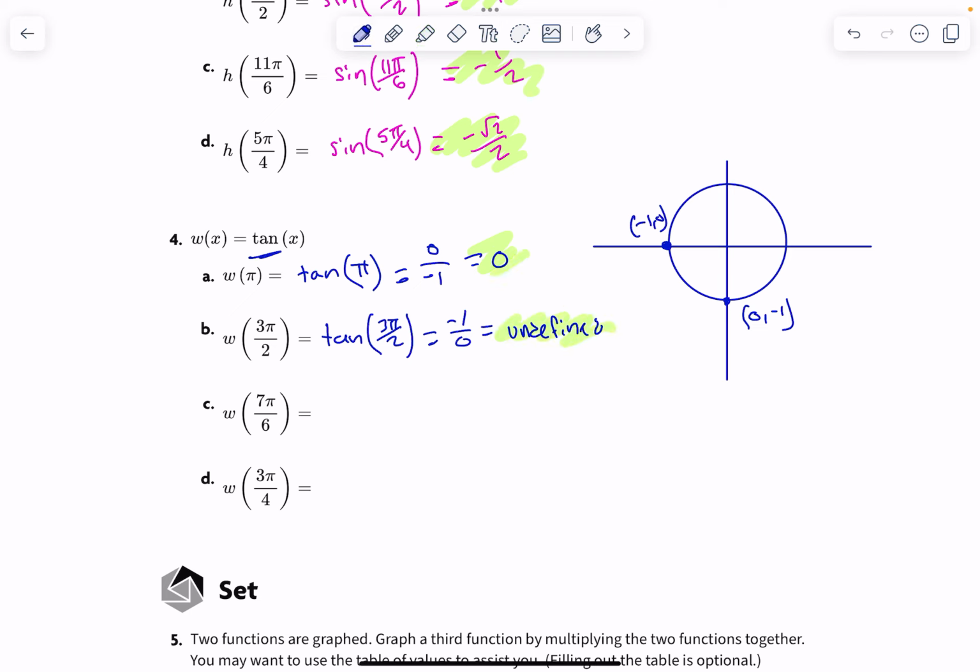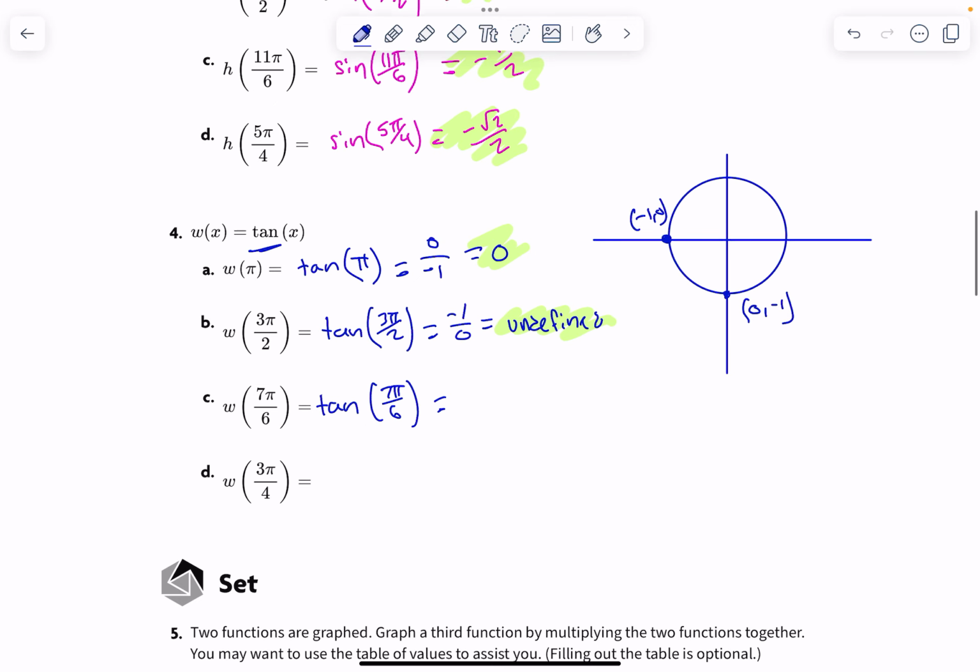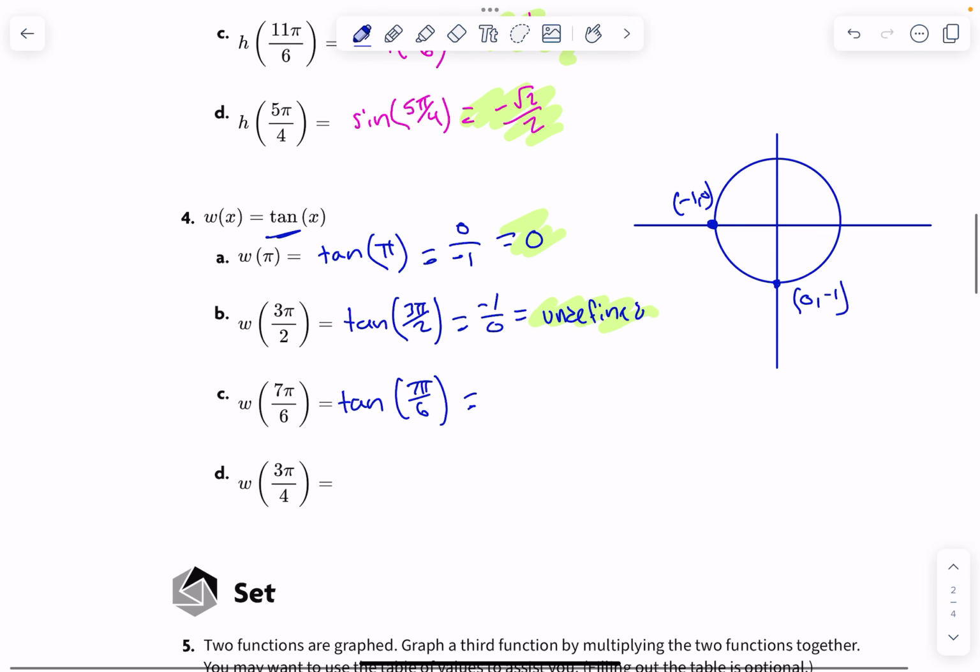Okay, now we're talking about tangent of 7 pi over 6. Let's figure out what 7 pi over 6 is. So we know that this is 6 pi over 6, which is just pi. So 7 pi over 6 is right there. Now, what's the coordinate point for 7 pi over 6?